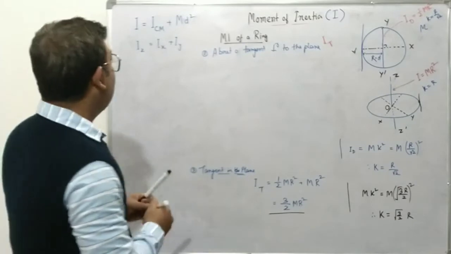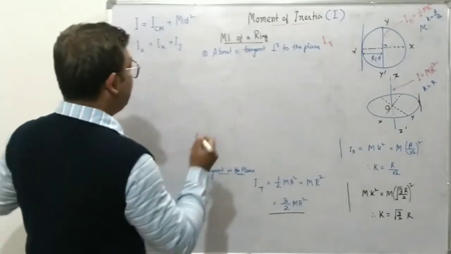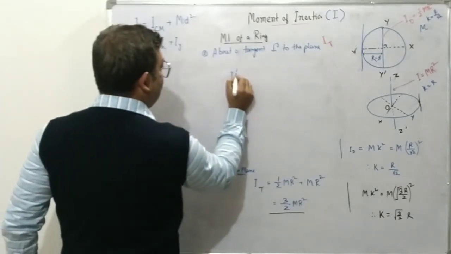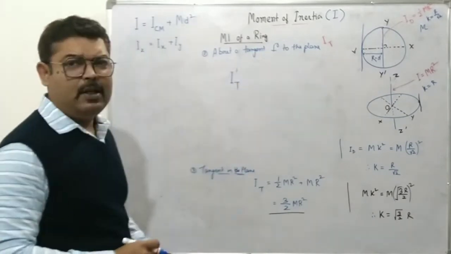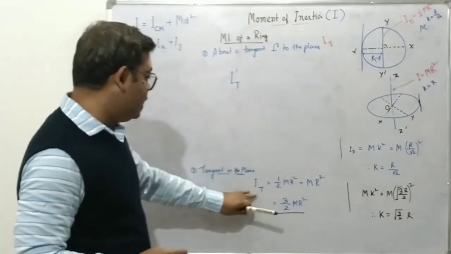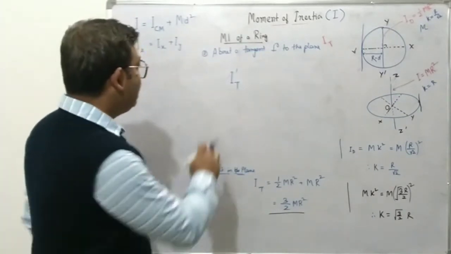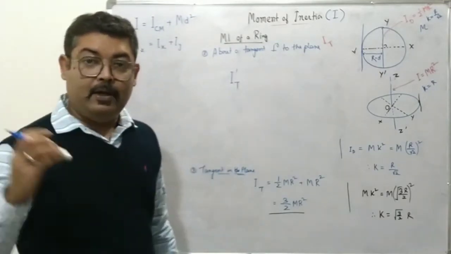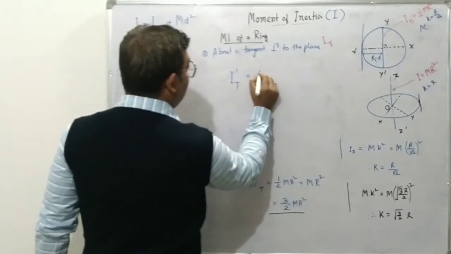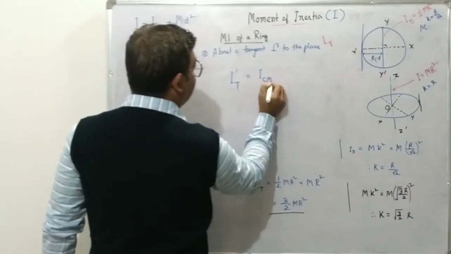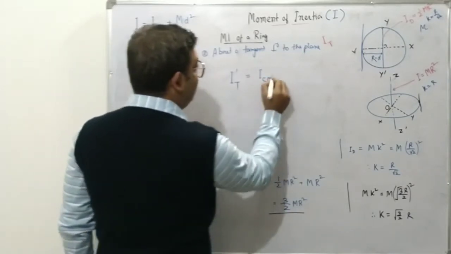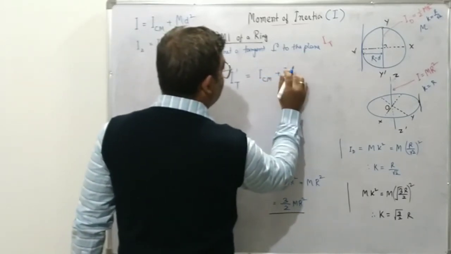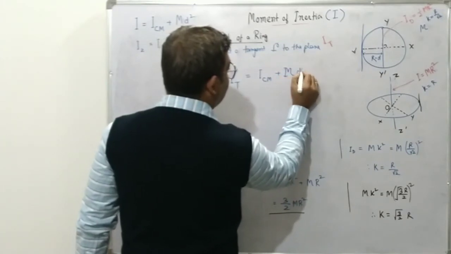right? So we can make use of this theorem and say that I dash t. Why are we saying dash? Because it is another tangent, not the same tangent as this, right? This tangent is perpendicular to the plane of the ring, must be equal to ICM plus m d square.